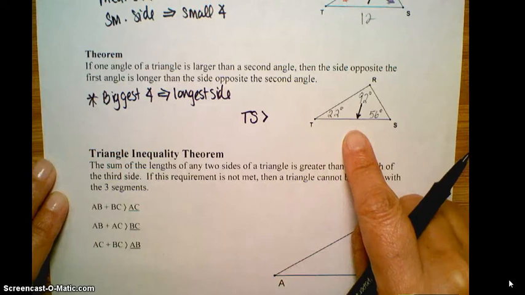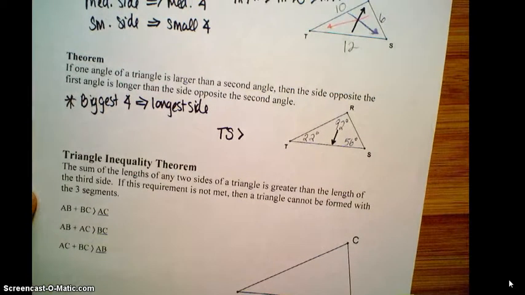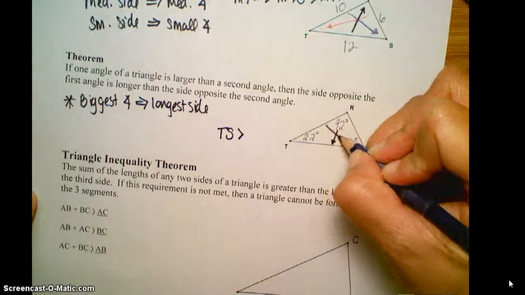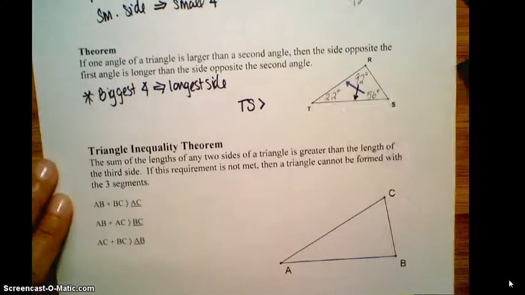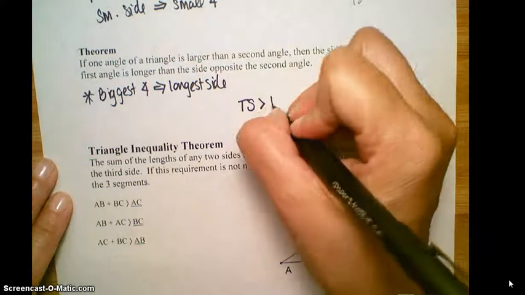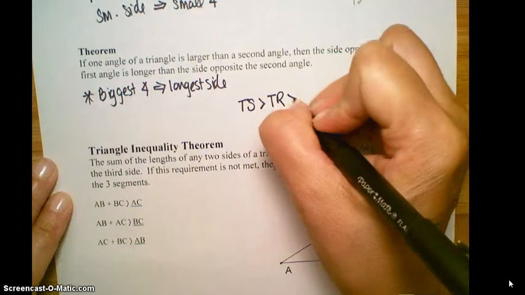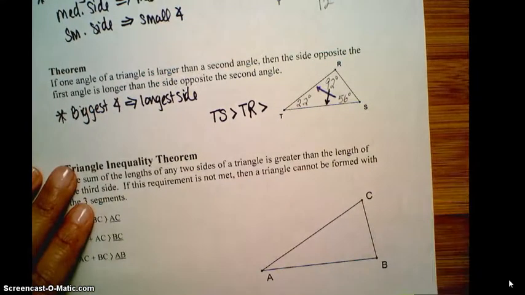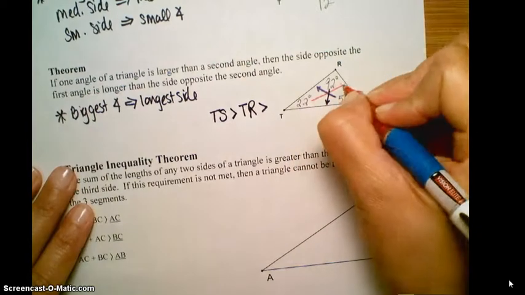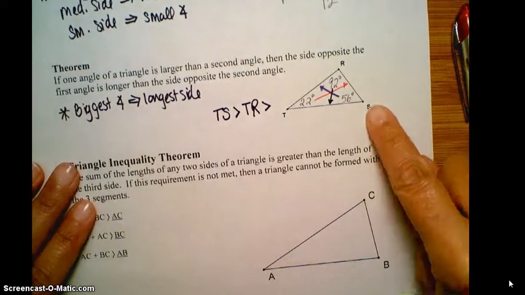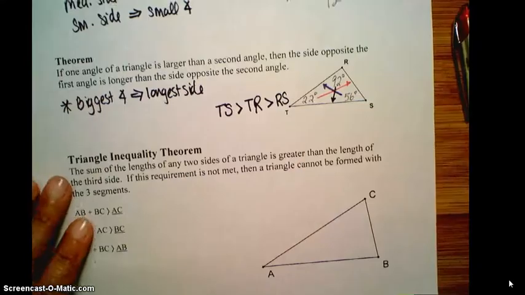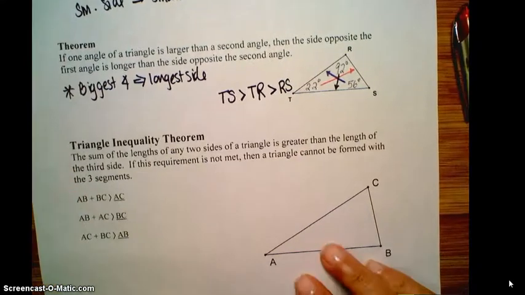The next angle in size is this 56-degree angle. If you go to the opposite side from that, that takes you to segment TR. So that's our middle side. And then the smallest side will be opposite the smallest angle, and if we go across, that takes us to segment RS, and therefore that's the smallest side in the triangle.